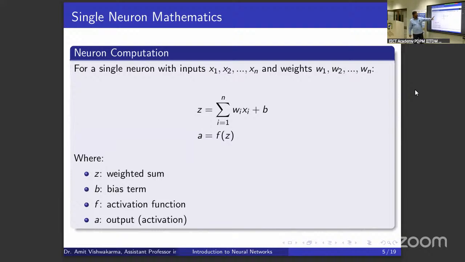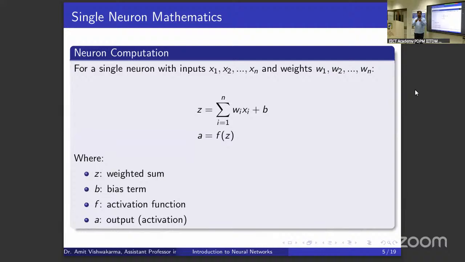So Z, as we discussed, is Wi Xi plus B. B is just a bias term. We will not give too much importance to it right now, but there is one term that is bias. We all know the equation of a line, y equals mx plus c.